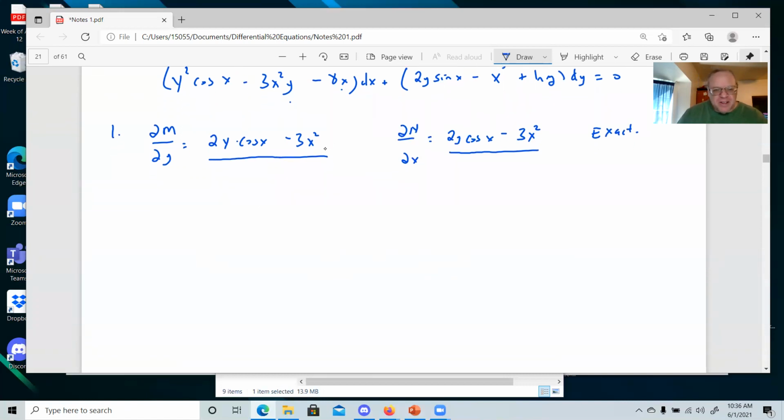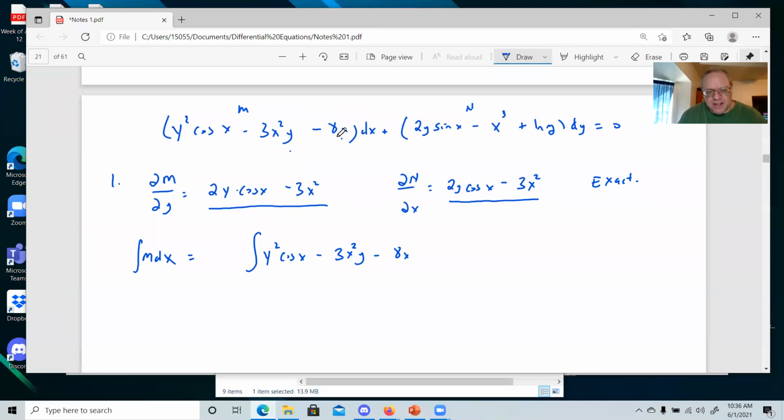So let's go ahead and integrate M. We're just going to integrate M dx. So that's the integral of y squared cosine x minus 3x squared y minus 8x, with respect to x.